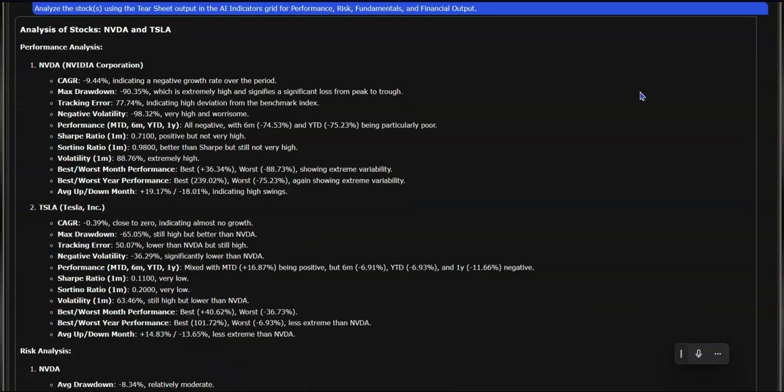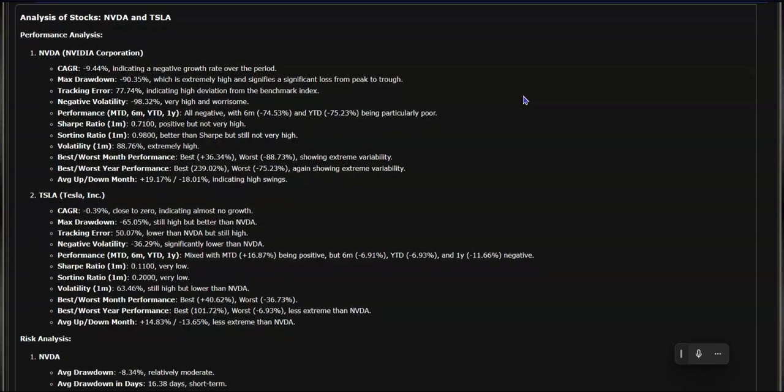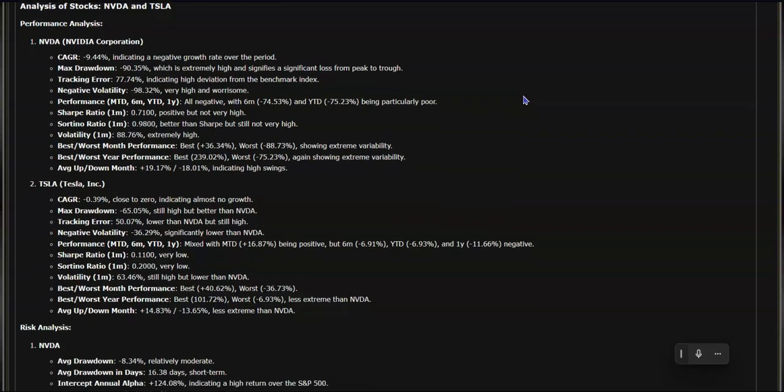And there we go. So now we have a performance analysis of NVIDIA. A lot of different ratios, statistical outputs, such as ratios, volatility, best and worst performance, average up and down month, tracking error, drawdowns.